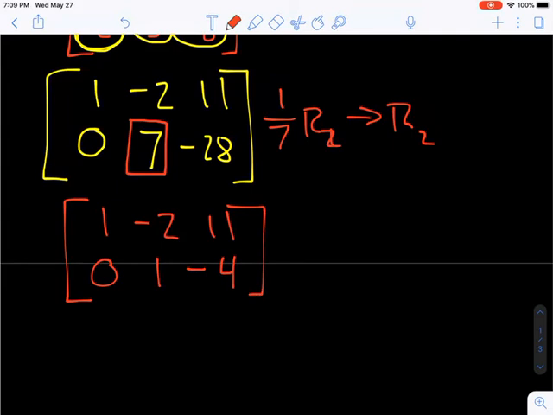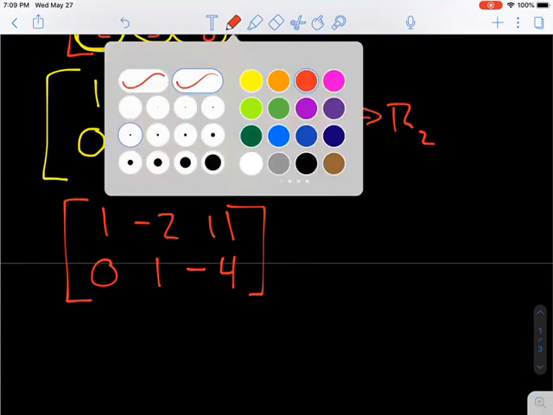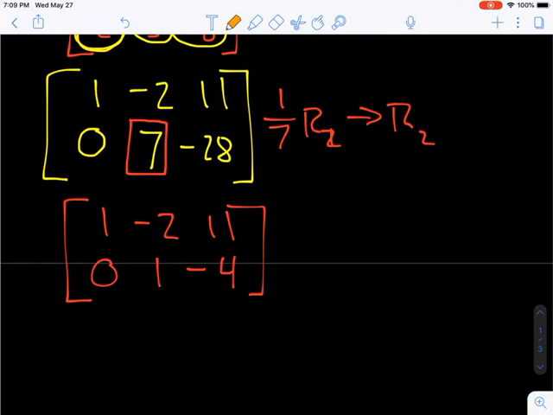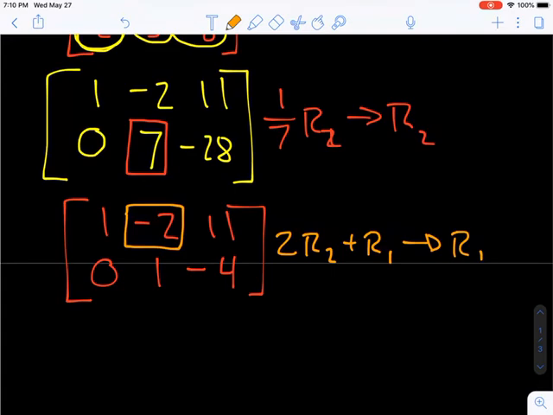So my objective to turn the 7 into a 1 is complete, but now I need to turn this number into a 0. And to do that, I'm going to take 2 times row 2, add it to row 1, and replace row 1.